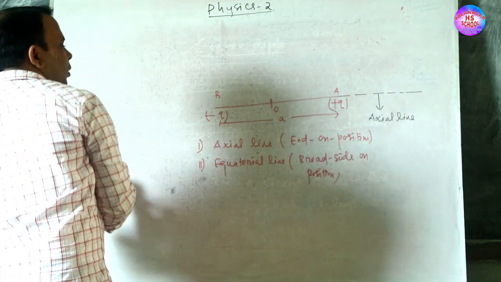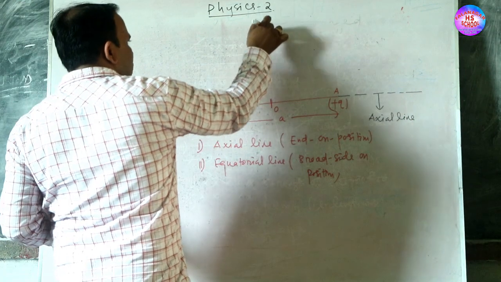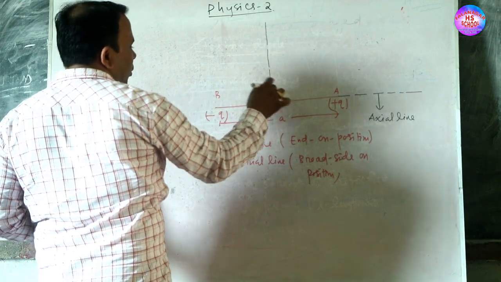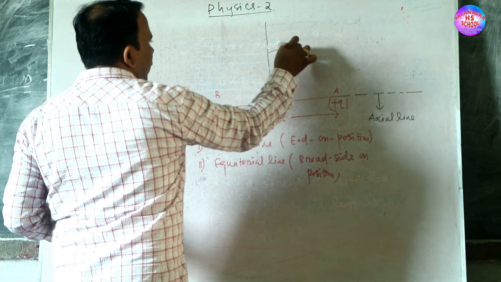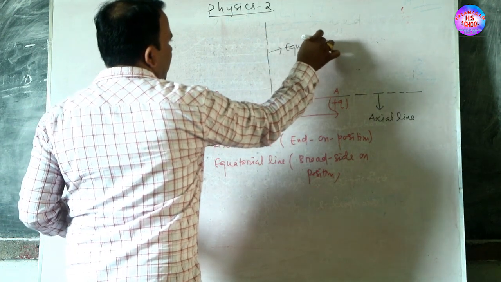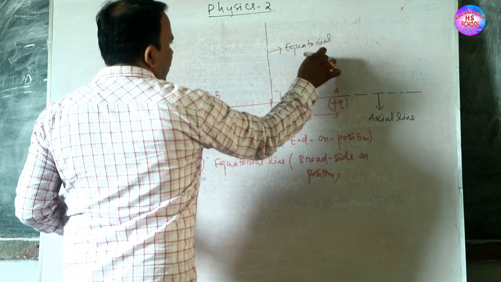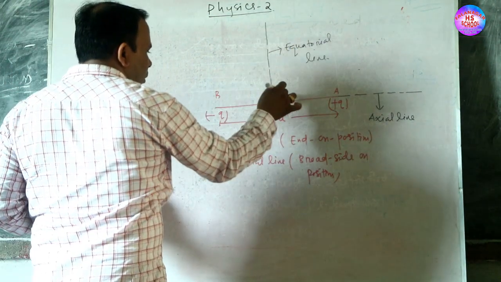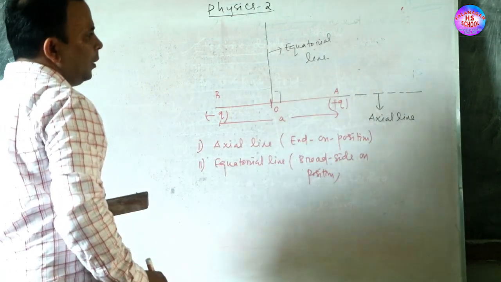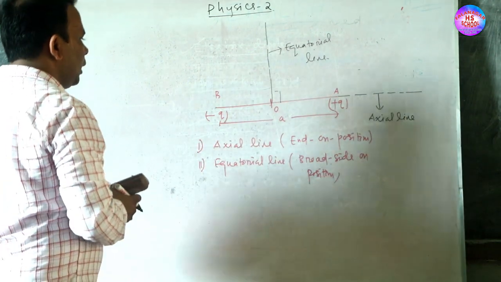What is the equatorial line? A line passing through the center of the dipole and perpendicular to the axial line is called the equatorial line.